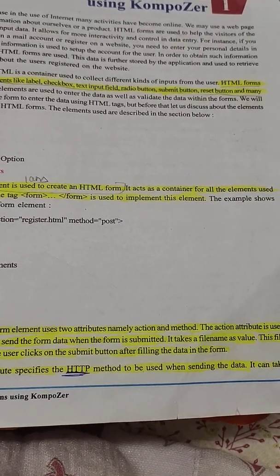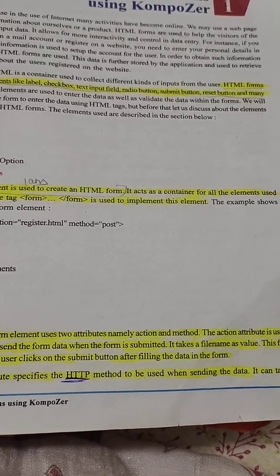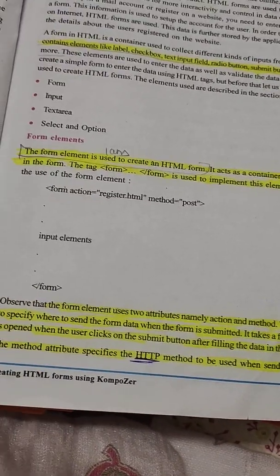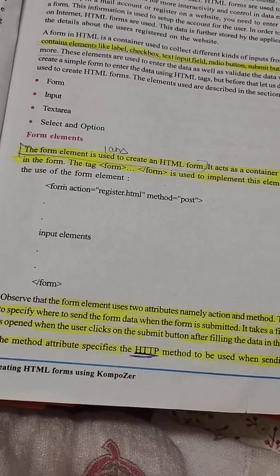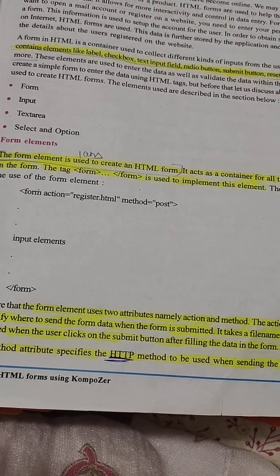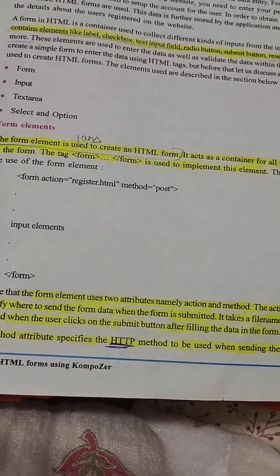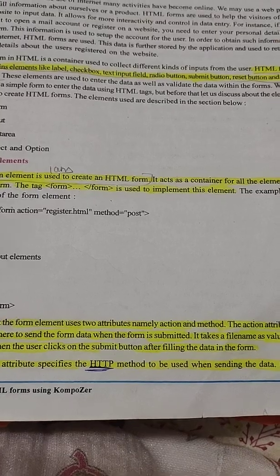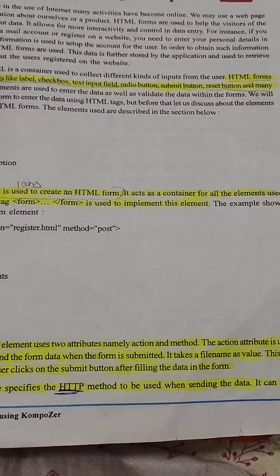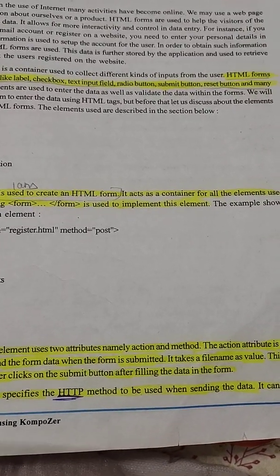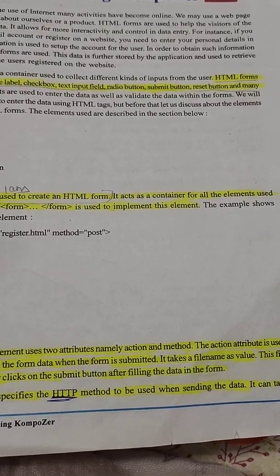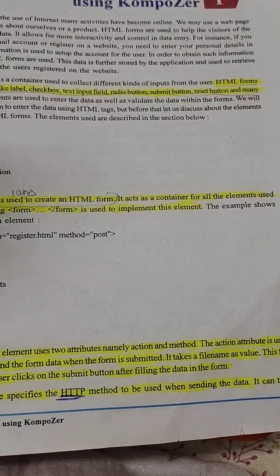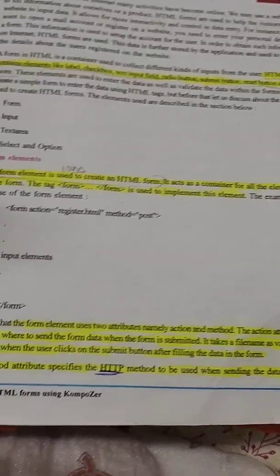This file is opened when the user clicks on the submit button after filling the data in the form. Got it, children? If we have our proper registration, after that we get a submit button. As we click submit, we are submitting our entire data to the website. After that, our true information goes to the website.